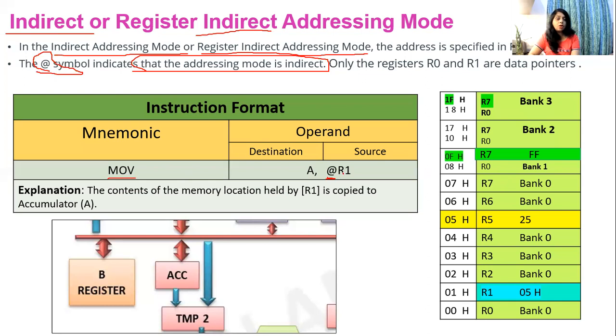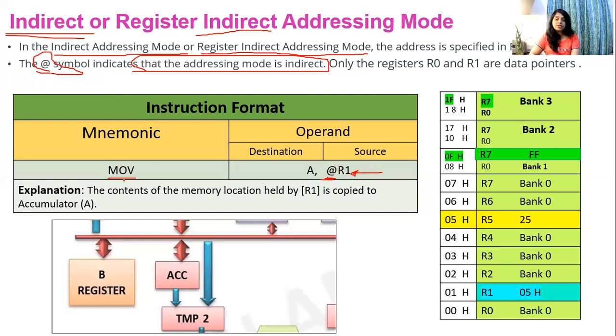MOV A, @R1. Now it is not only R1, it is @R1. Had it been the case that @ is not available and only R1 is available, then it would be a case of register addressing mode. But since @ is available, it indicates that this instruction belongs to indirect addressing mode, and the address of data is available in register R1.